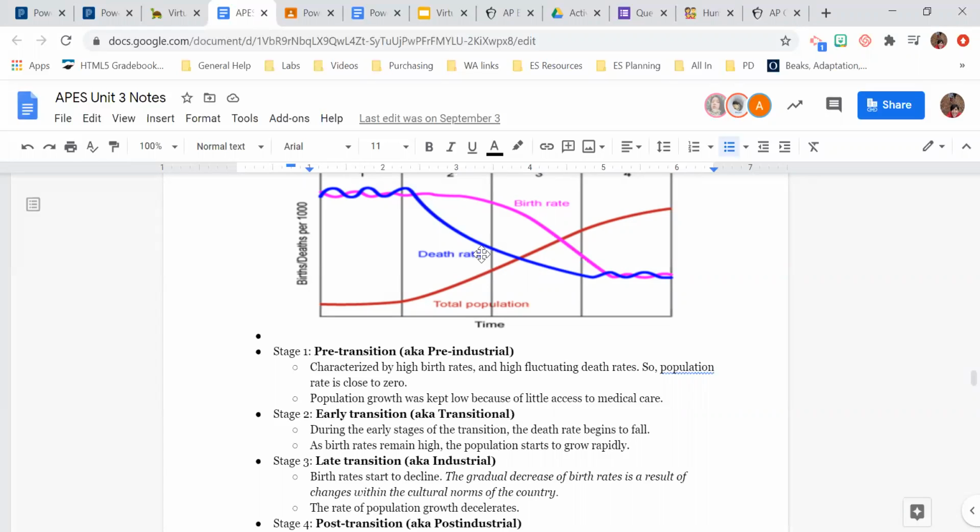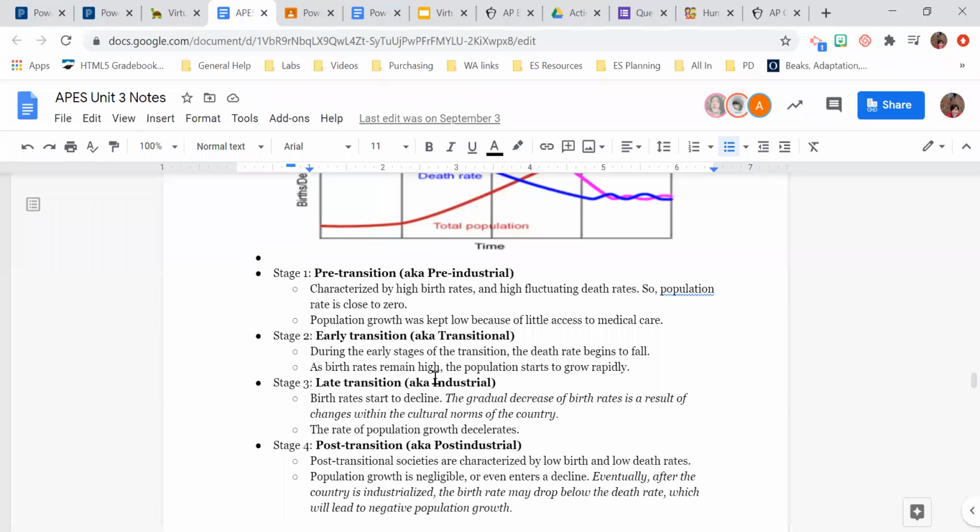So you still have that high birth rate. The next thing that happens though is the birth rate will start to go down. As people survive infancy, families are now incentivized to not have as many kids as they could have because they trust that almost all of their children are going to survive to adulthood. So that's where we start to have the birth rate go down, and that's in stage 3.